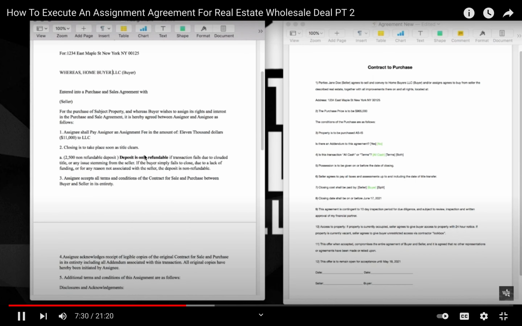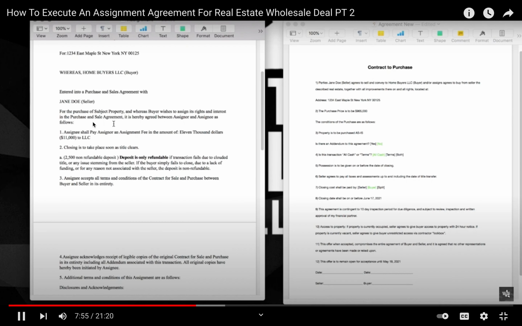And then you're going to put your LLC right here, because you were the buyer for the original agreement. Right here, you were the buyer. So you as the buyer went into an agreement. You enter into a purchase and sales agreement with Jane Doe, who is the seller. So you put the seller's name right there.